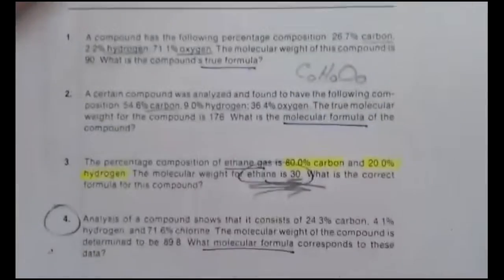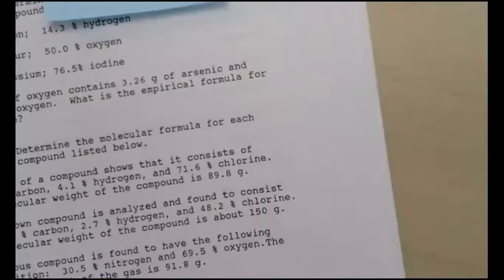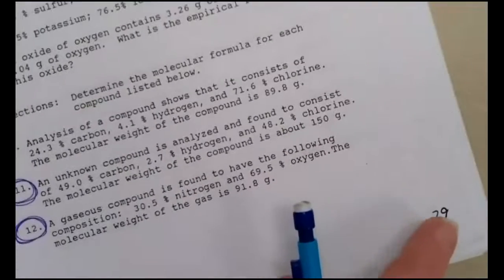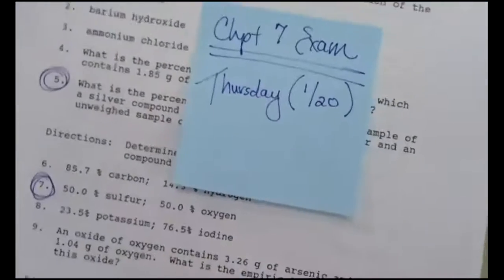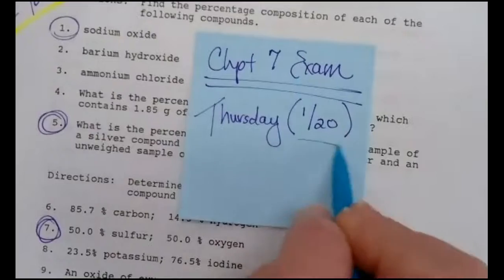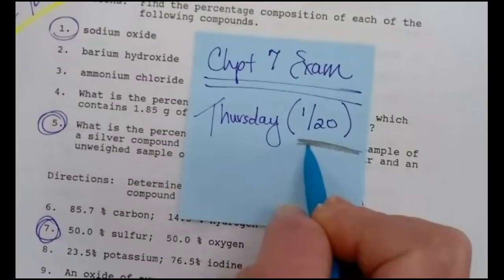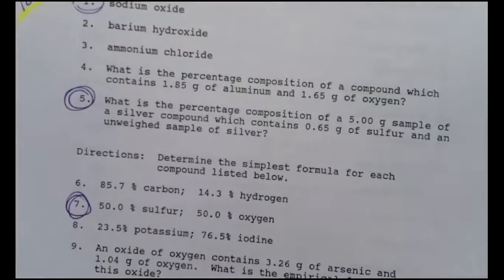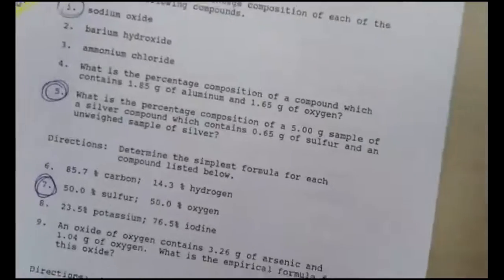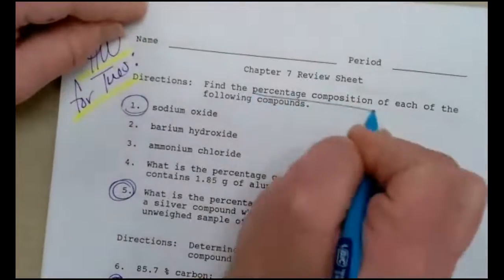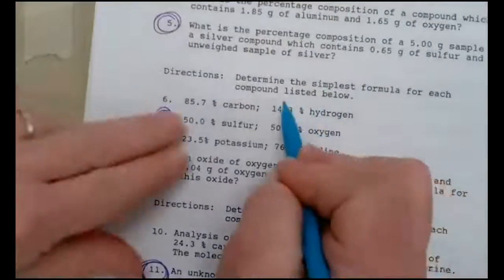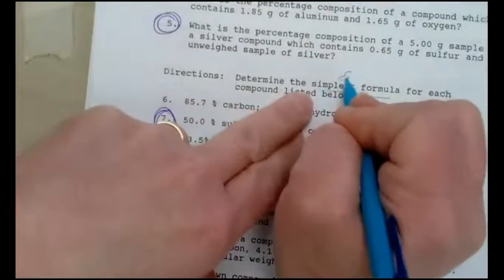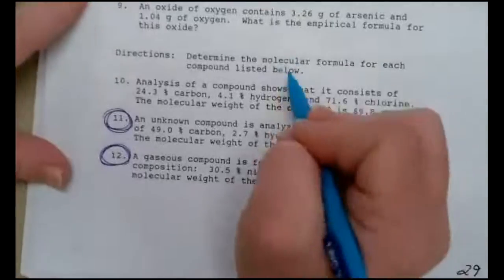All right. In your packet, page 29. Incredible, incredible students. So next Thursday, we will get a set of problems like this. And I will ask for us to show our understanding of how to find percent composition, how to get simplest or empirical formula, and then molecular formula.